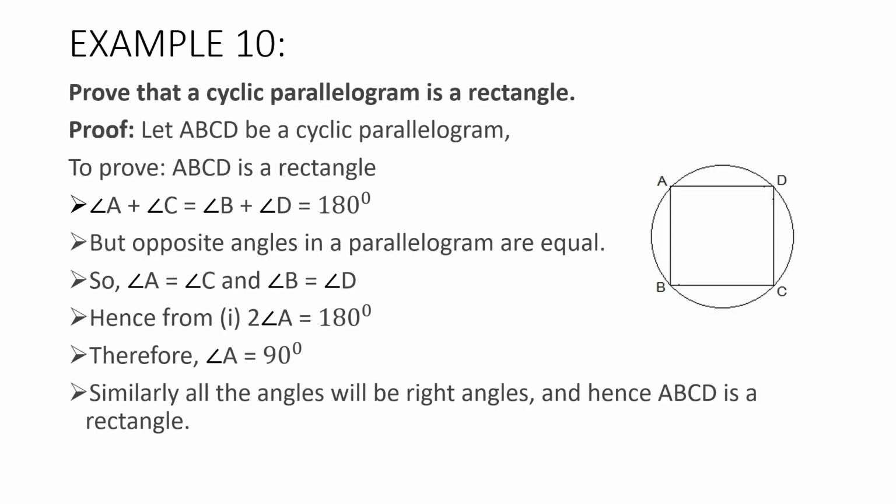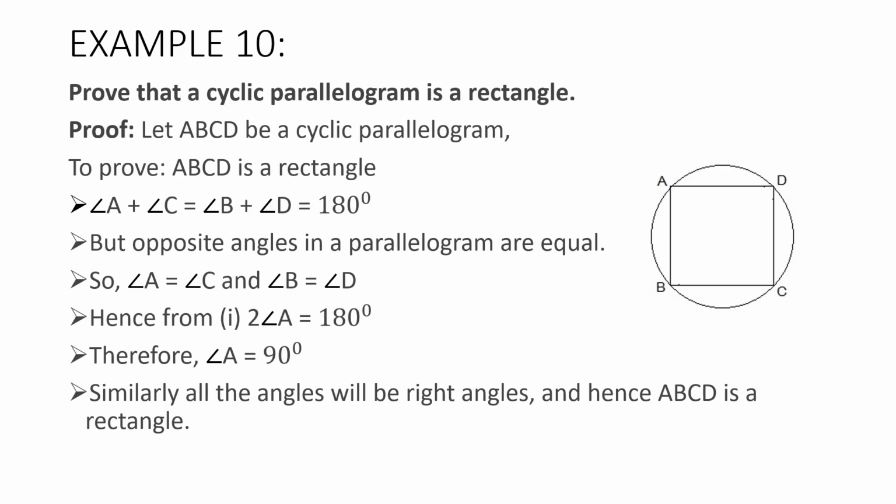Example 10. Prove that a cyclic parallelogram is a rectangle. So suppose we are given a cyclic parallelogram ABCD, means all vertices are on the circle. We have to prove it is a rectangle. In a rectangle, you know that the angles are right angles. So now first of all, since it is cyclic, we know that the sum of the opposite angles is 180 degrees. So angle A plus angle C is equal to angle B plus angle D, which is equal to 180 degree.